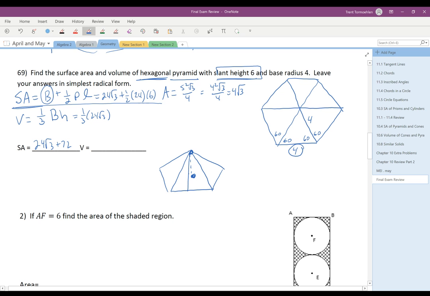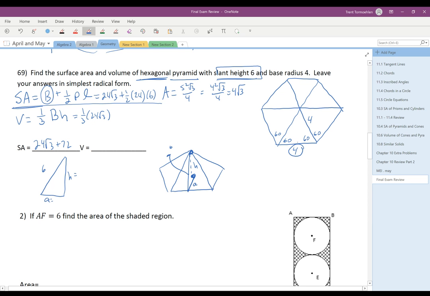And so this length right here is 6. And then this length is the apothem. It gives us a right triangle where the slant height is the hypotenuse, the apothem is one of the legs, and the height, which we want to know, is the other leg. Well, the apothem is just the apothem of the regular hexagon.